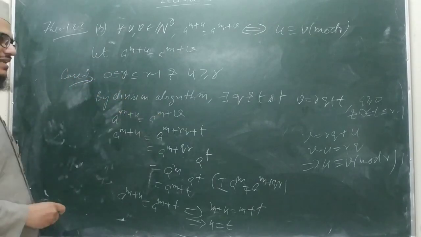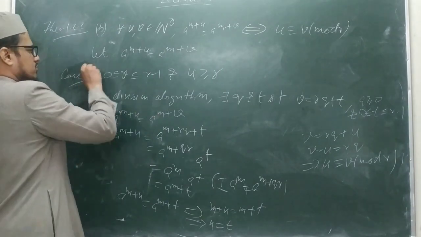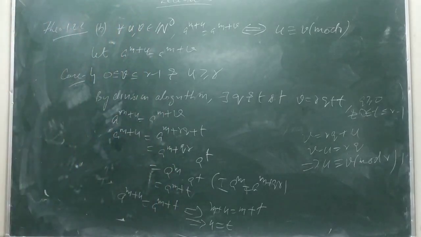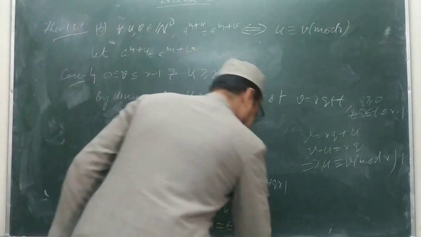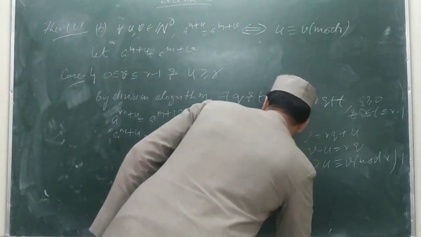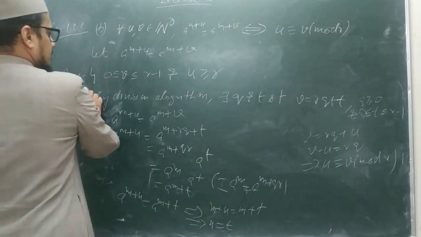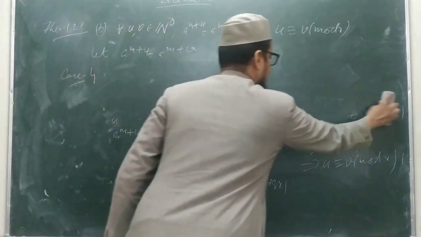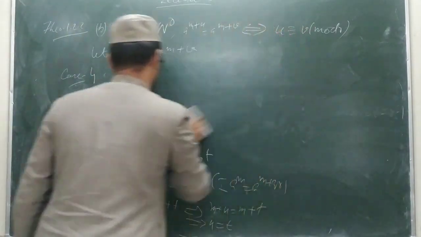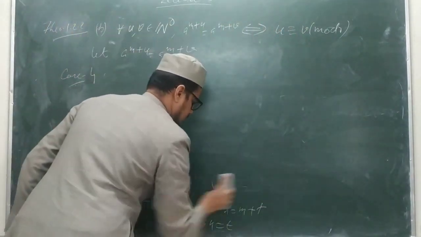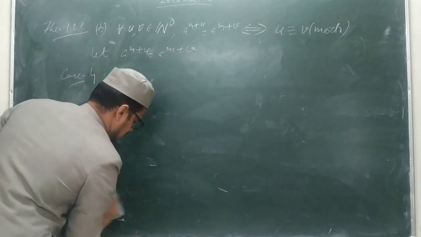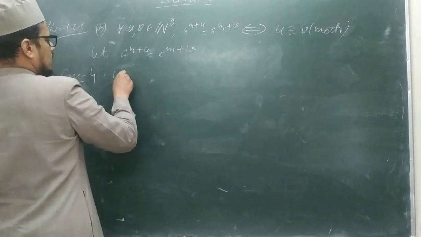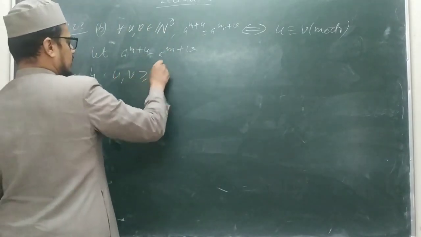Now we look for the final case, that is case number 4. What is case number 4? Case number 4 is when u and v are both greater than or equal to r. That is, u and v both are greater than or equal to r.